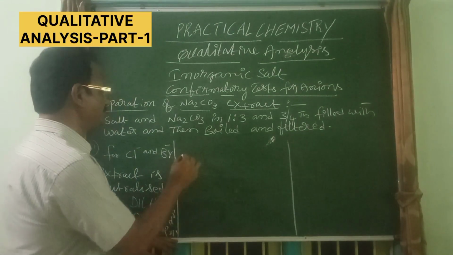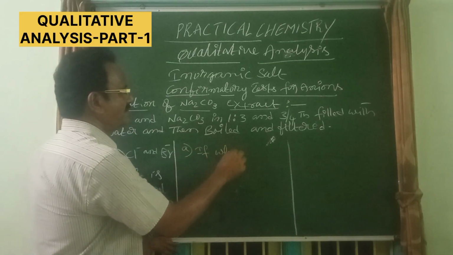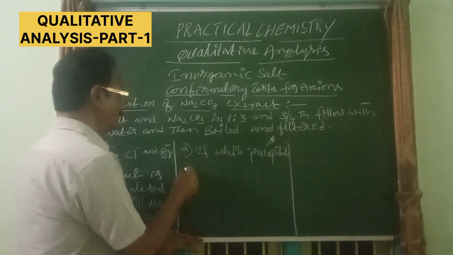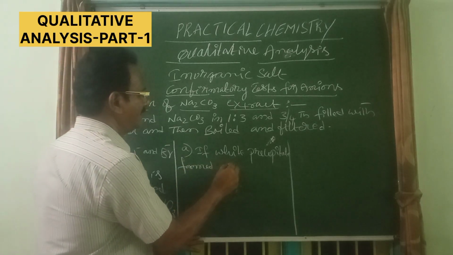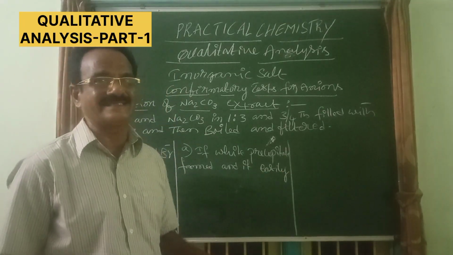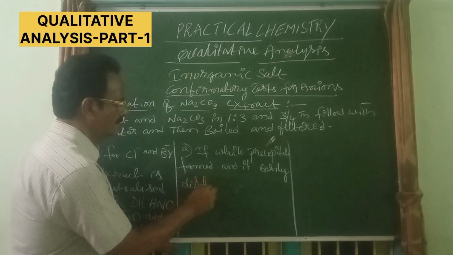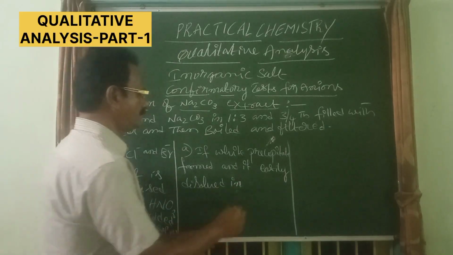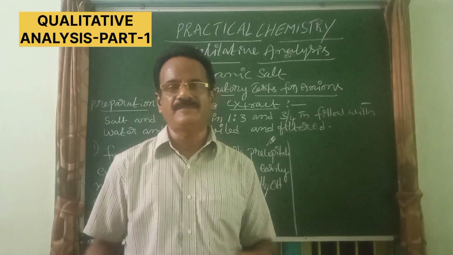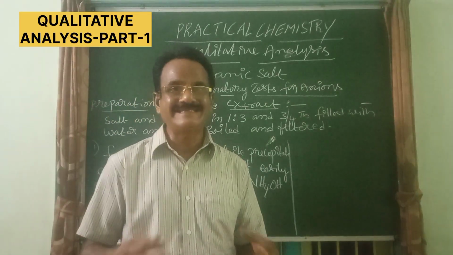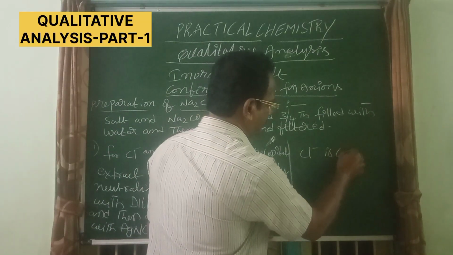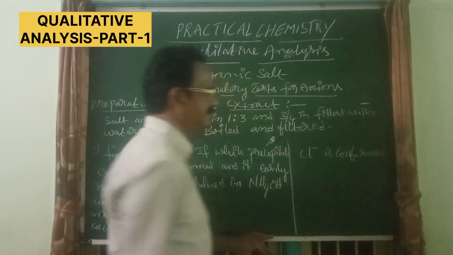So see here, if a white precipitate is formed and it easily dissolves in NH4OH solution, then Cl minus is confirmed.